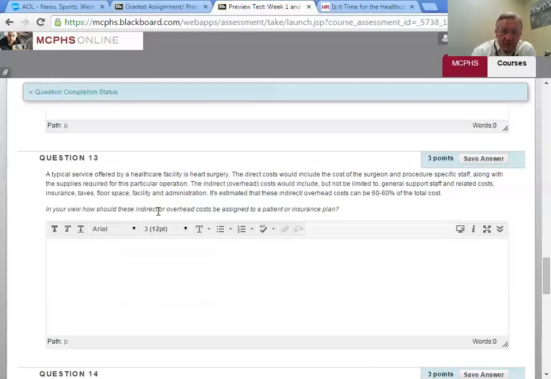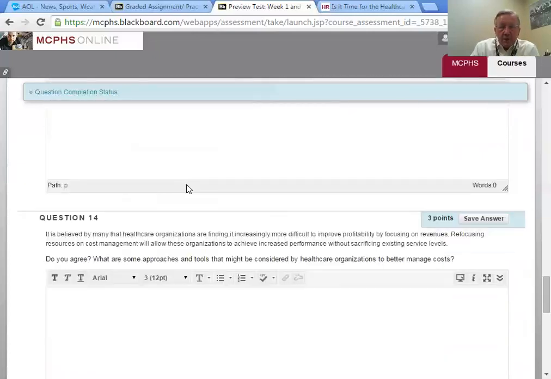It's important that we figure out the cost of what we do, because in theory, what it costs us should be reflected in the price to the patient or to the health insurance provider. So one of the big challenges in the managerial accounting world is what to do with all of these indirect costs, which are an increasing amount of the total cost in most healthcare settings. I ask you to comment on that.